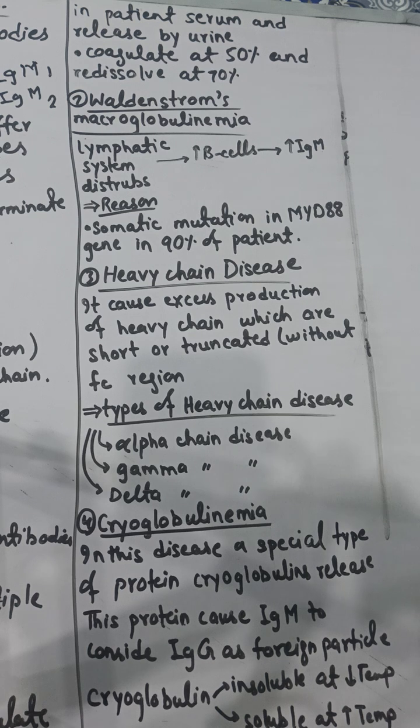These specific antibodies or plasma cells can coagulate at 50 degrees centigrade and redissolve at 70 degrees.